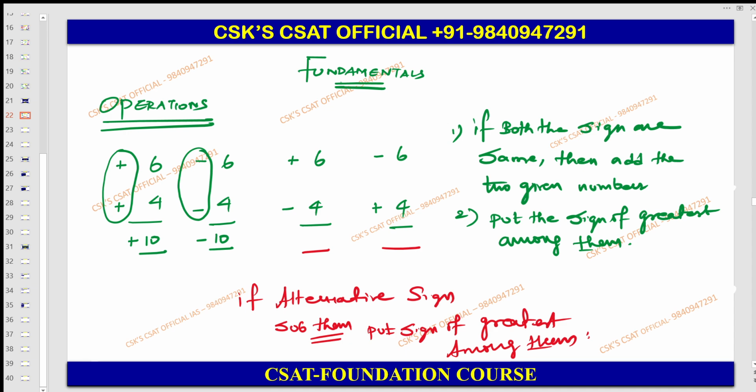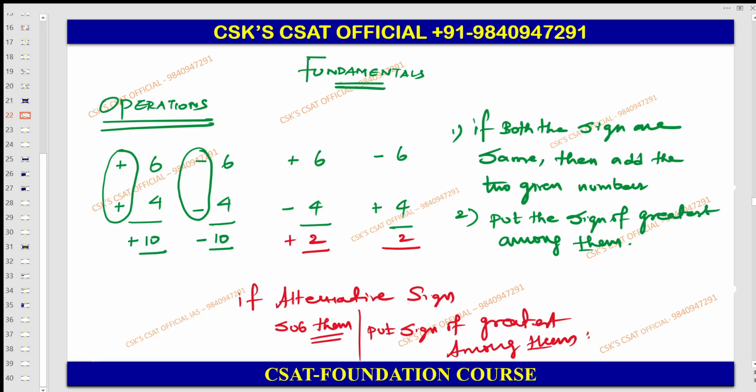Now it's clear, right? Here 2 is the greatest among them, so plus 2. Here also 2, so you have to subtract them and then put the sign of the greatest.